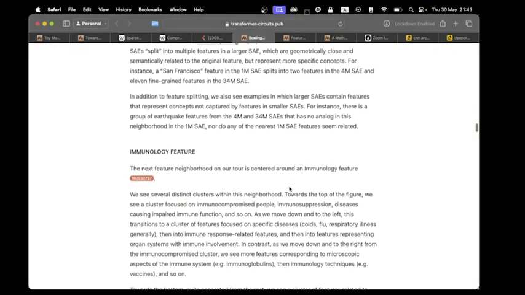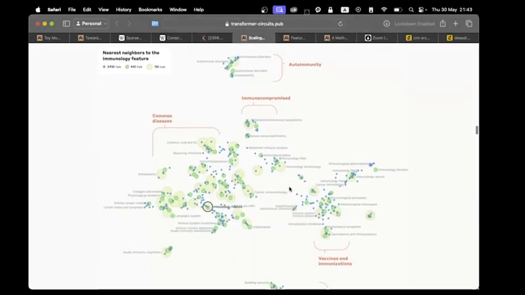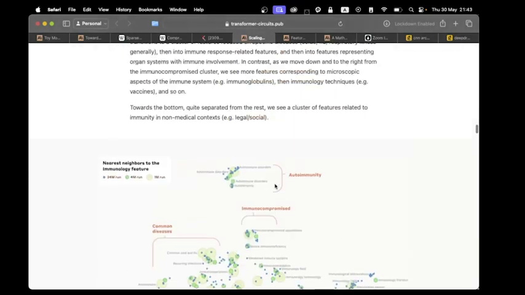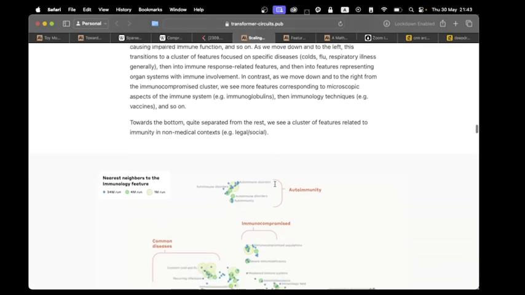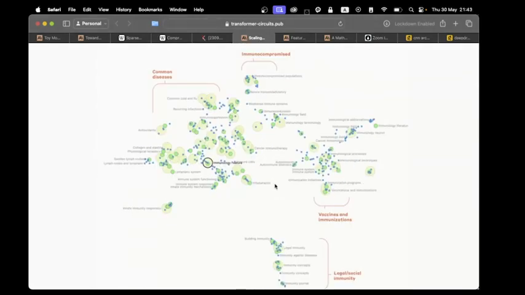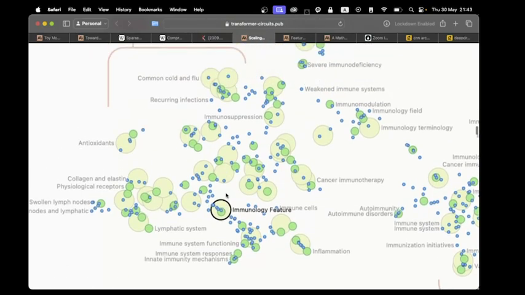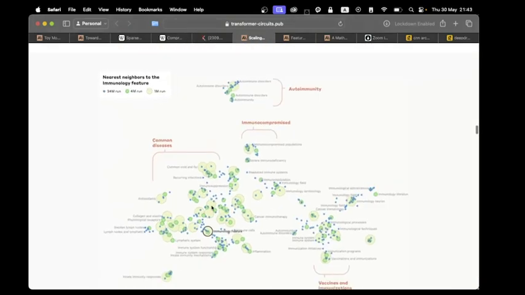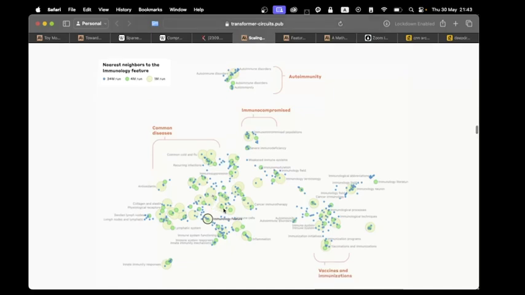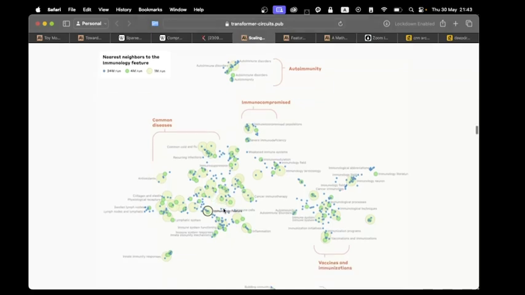They claim that if we center on something else, we get something similar. In this case, we center on immunology, and they helpfully provide cluster annotations so that we don't have to fail to find clusters.